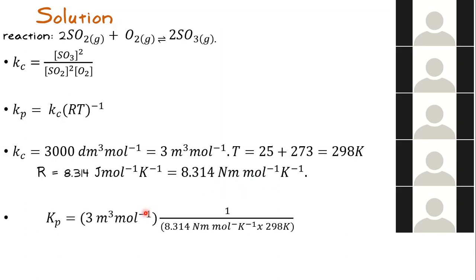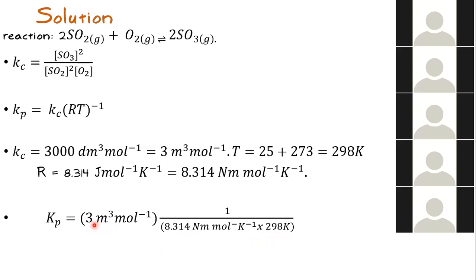When we substitute, I have this expression, RT exponent -1 is the same as 1 over RT. So that's what I have here. I have my Kc here, that is 3 meters cube per mole, times 1 over 8.314 Newton meter per mole per Kelvin times 298 Kelvin.